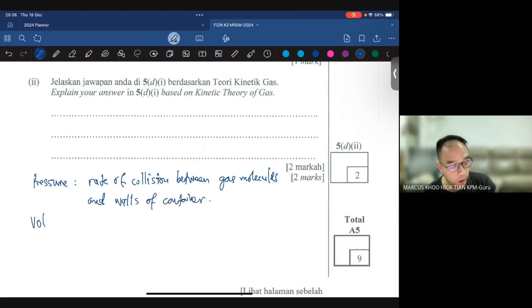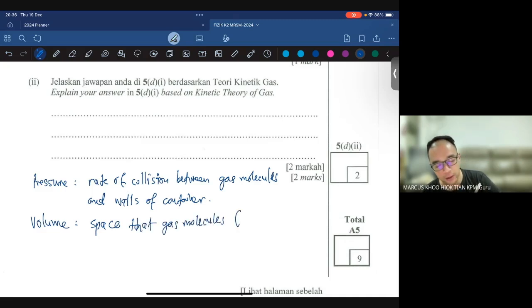If you're talking about volume, you're talking about the space that the gas molecules fill. Okay, how much space the gas molecules can fill.